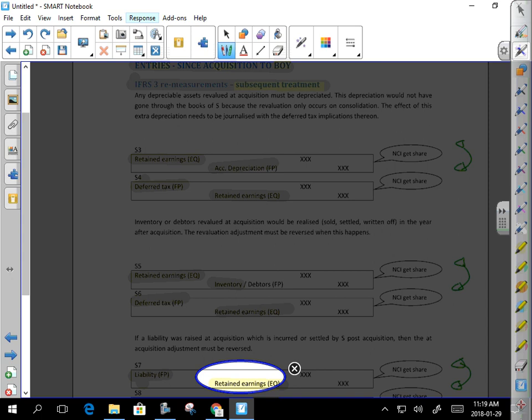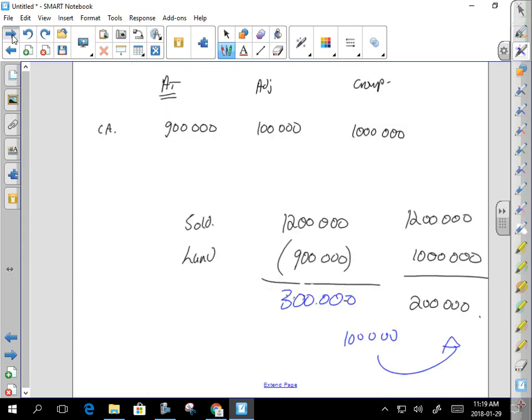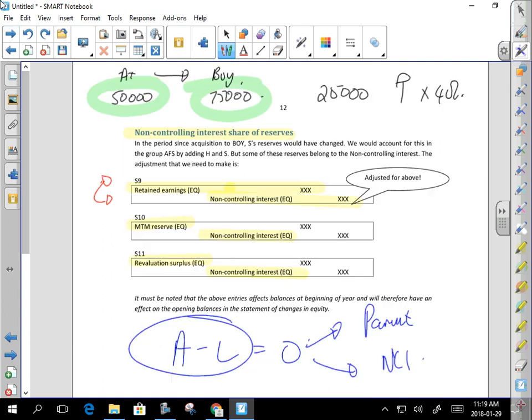And at group level, those things make the retained earnings bigger or smaller, not so. A debit to retained earnings, smaller. A credit to retained earnings, bigger. So what we've got to do then is, for all of those adjustments, plus or minus those, IFRS 3 subsequent measurements. That's why I go in the order that I go. That's why I do them first, because they have an impact on retained earnings.